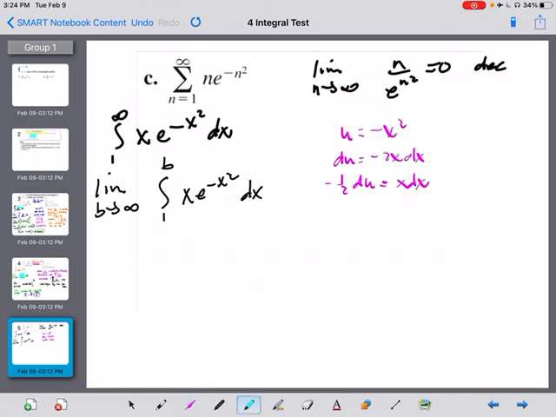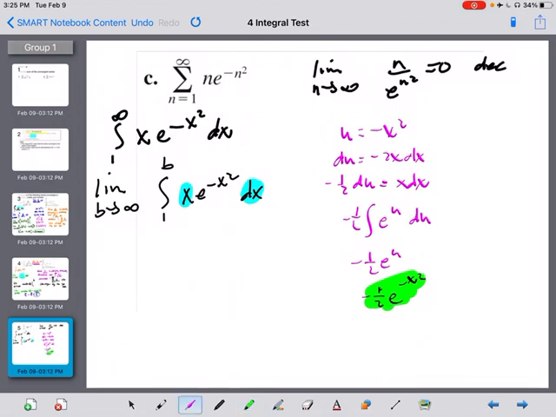Looks like I took care of that. So if I do the integration off to the side, that's going to be negative 1/2 times the integral of e to the u du. So this is negative 1/2 e to the u. And then this is negative 1/2 e to the negative x squared. And that is the integration for that.